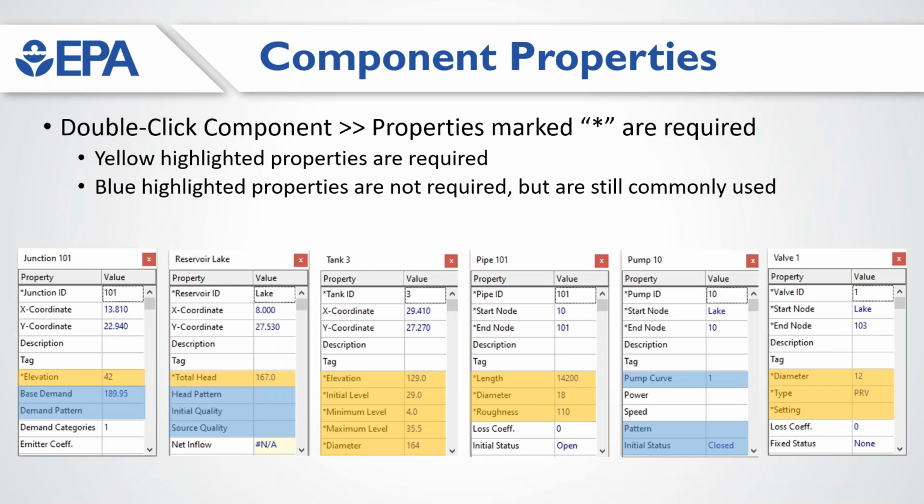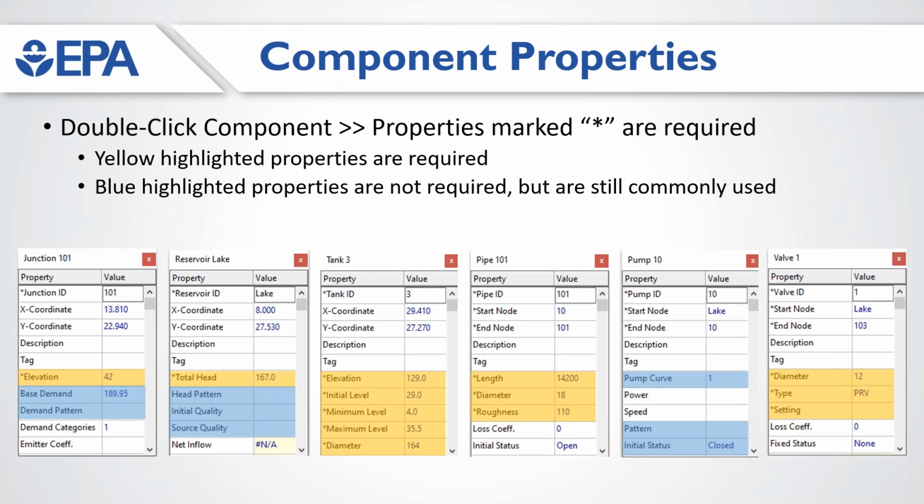So here's some more information about that component's properties. So again, if you double click the component and the properties window comes up, the stars are the required ones. So here we have highlighted some of the required ones for each of the different network component types, so you can see what they are. And then the blue are the ones that are not required but are commonly used.